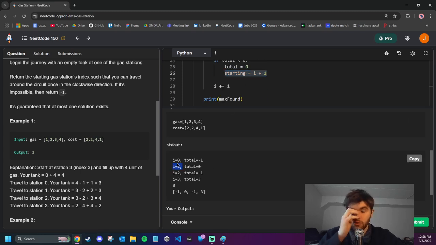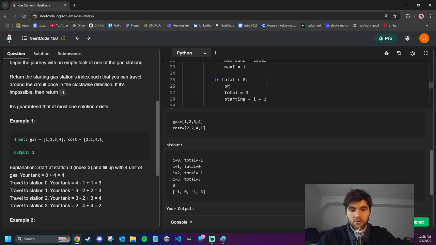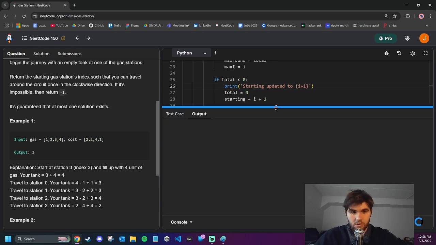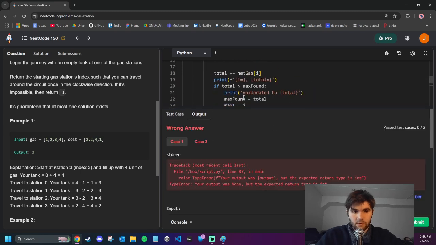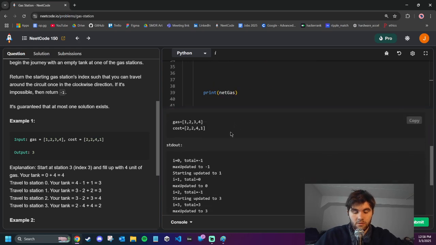And then when I is 1, and let me just print max updated to, that's not, I need an F. Okay. All right, so here we start at 0.